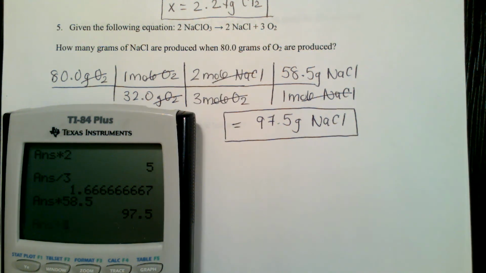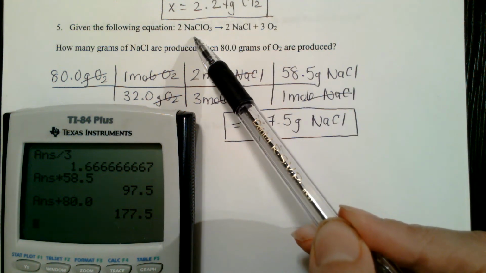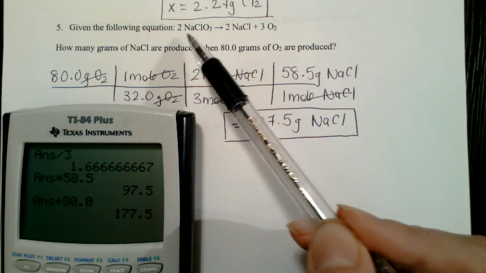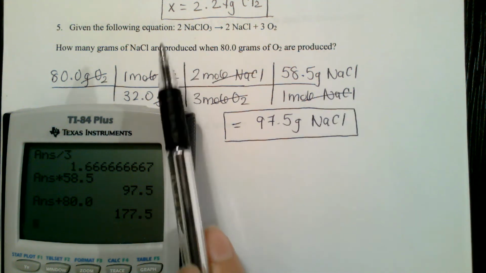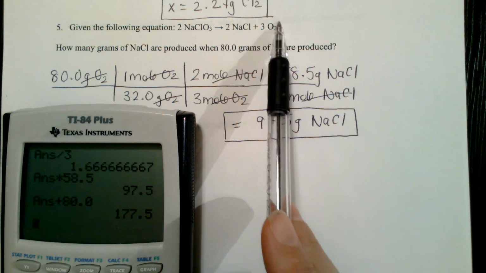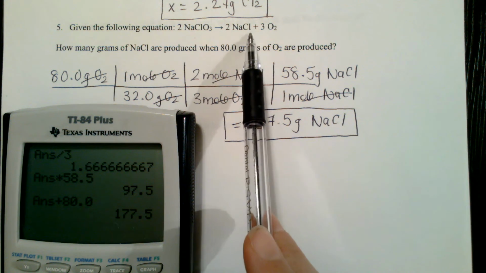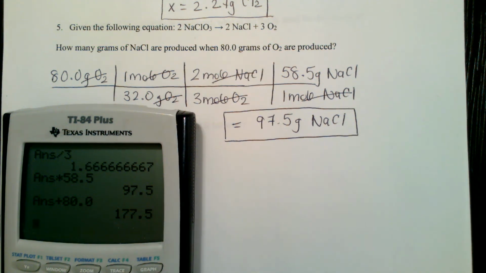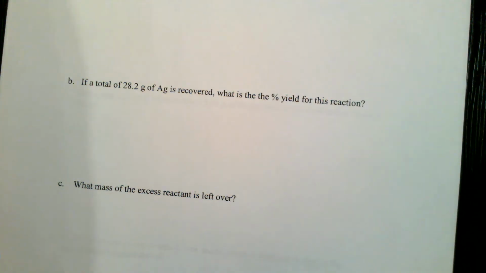So the 97.5 plus our 80 means that we started this reaction with 177.5 grams of the sodium chlorate, which this problem doesn't ask us for, but I did, again, want to reiterate that the mass on this side always has to equal the mass on this side. Okay, so move on.